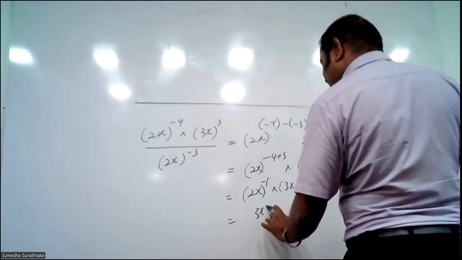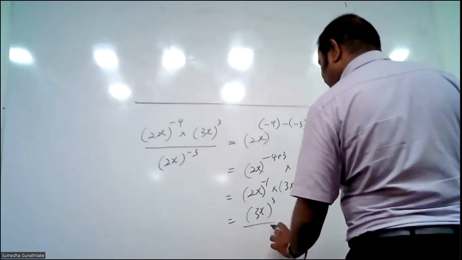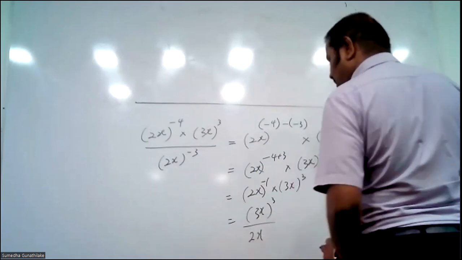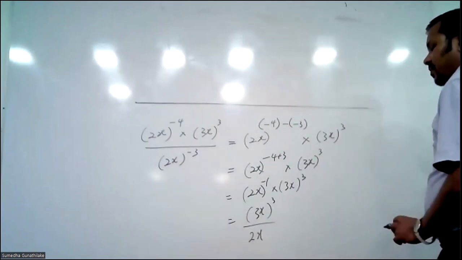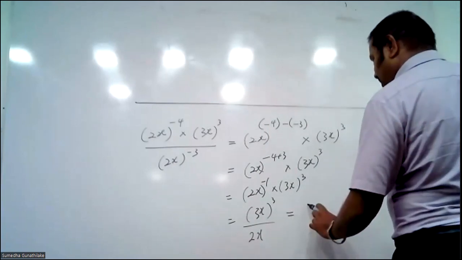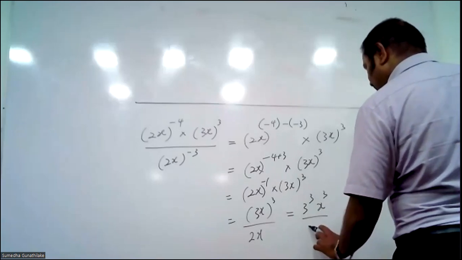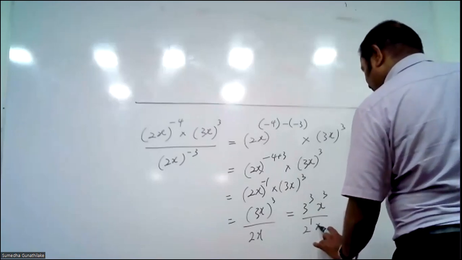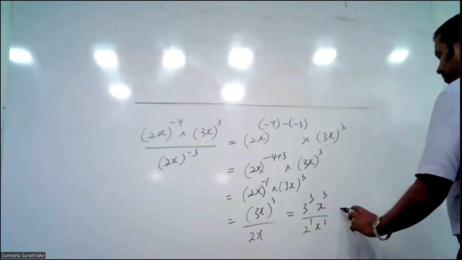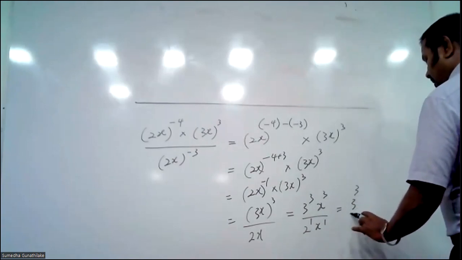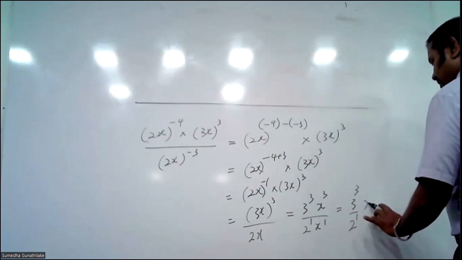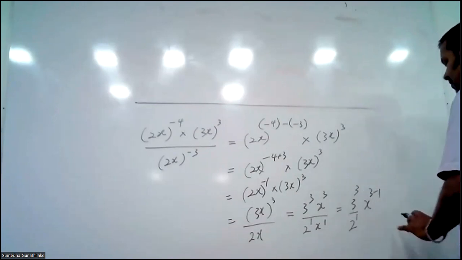That is 3x cubed over 2x to the power plus 1. 3 to the power 3, x to the power 3, 2 to the power 1, x to the power 1. 3 to the power 3 over 2 to the power 1, x to the power 3 minus 1.